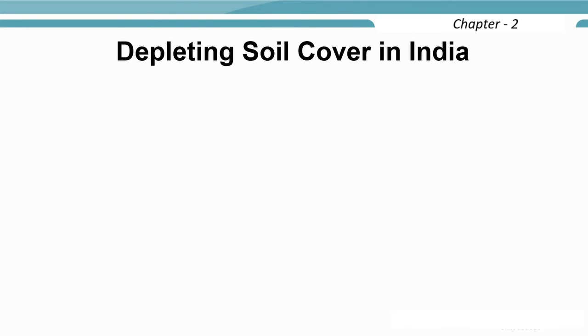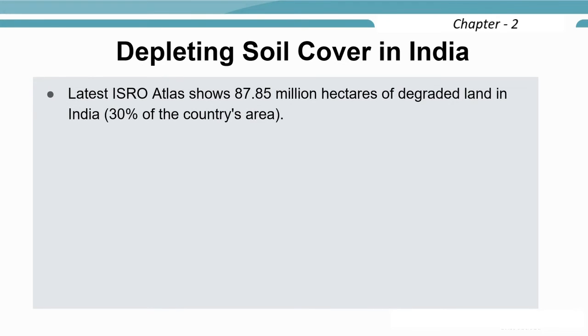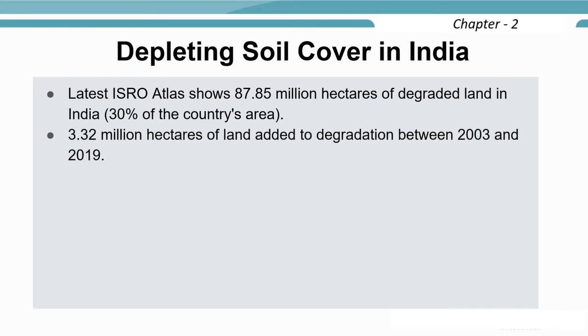Depleting soil cover in India. Latest ISRO Atlas shows 87.85 million hectares of degraded land in India, which is almost 30% of the area of the country. 3.32 million hectares of land has been added to degradation between the year 2003 and 2019.